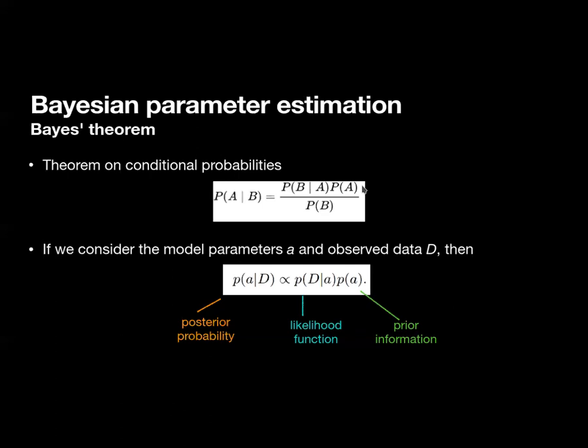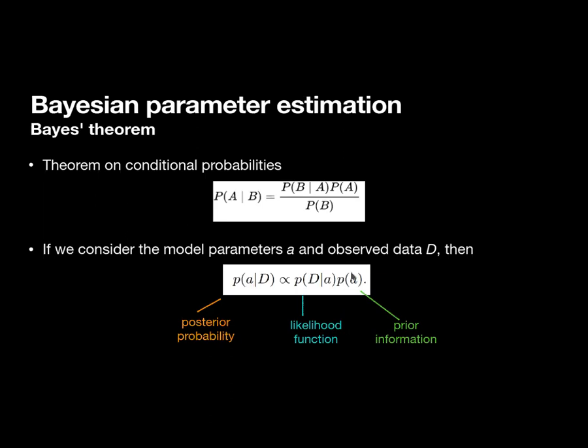And similarly, if we apply Bayes' theorem to the observed data, the probability of the parameters given the data is proportional to the probability of the data given the parameters and the probability of the parameters. So in essence, you start off with some prior information.